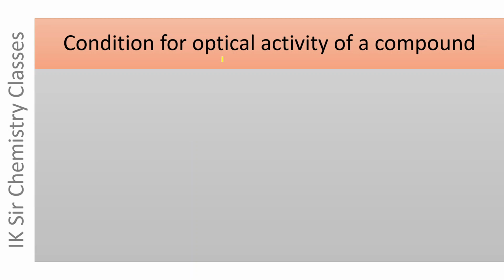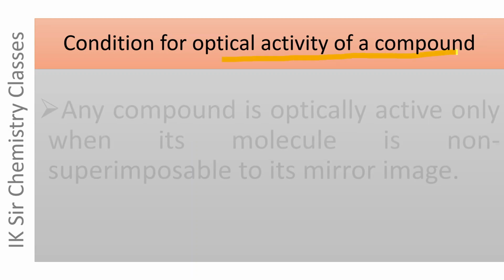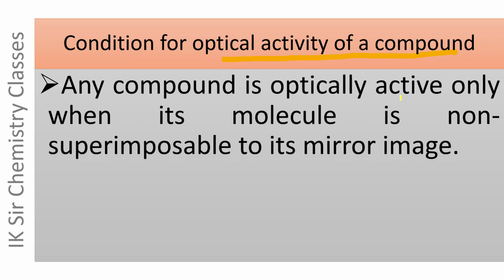Condition for optical activity of a compound. Any compound is optically active, that is, rotates the plane of plane polarized light when passed through its solution, only when its molecule is non-superimposable to its mirror image.